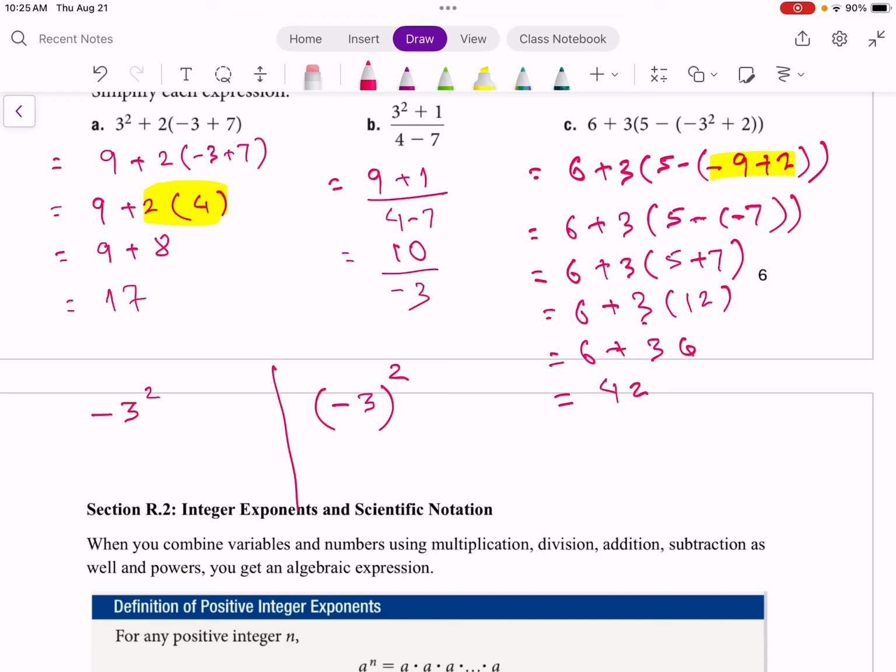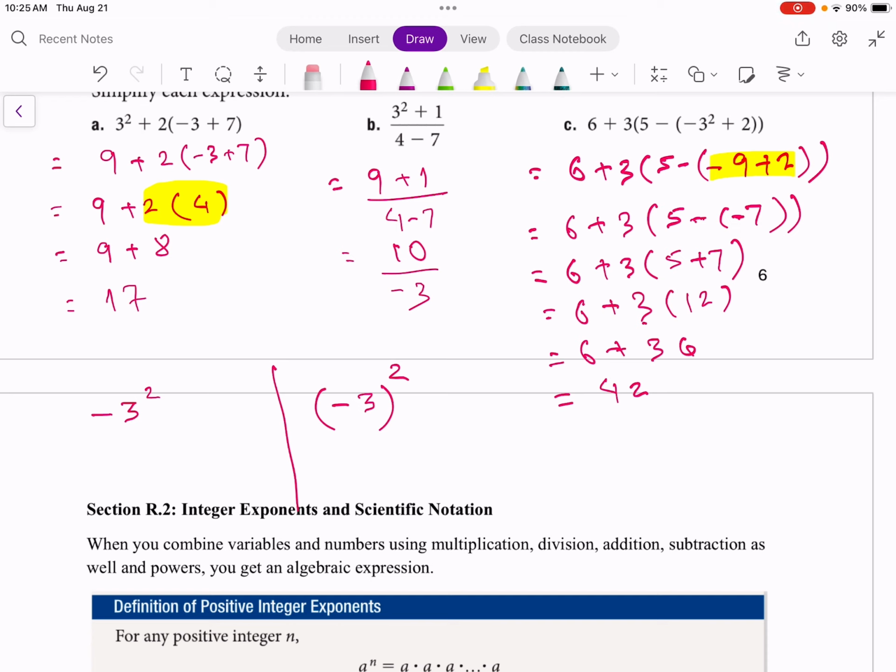There is no square for the negative sign. In the second, we have a parenthesis around 3 and we have a square. It means this square is for negative as well as 3. In our case, we don't have a square for negative. That square is only for 3. So negative remains as it is.